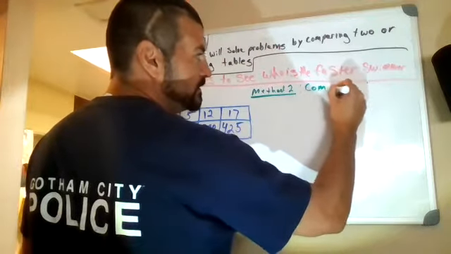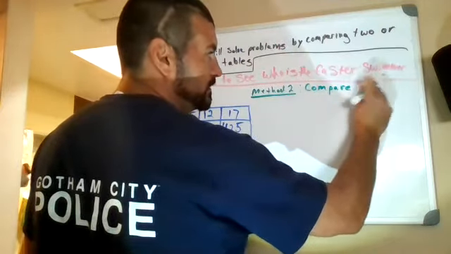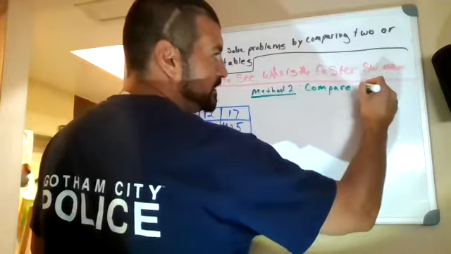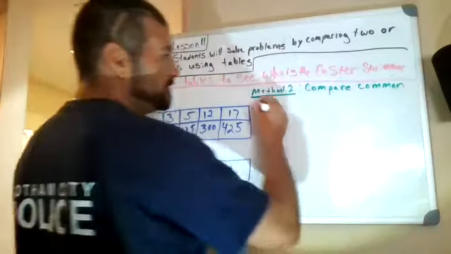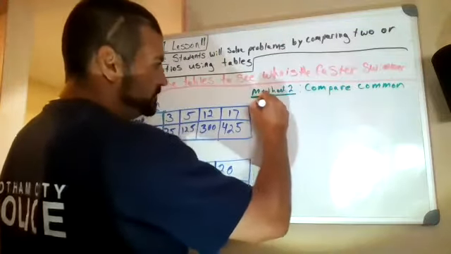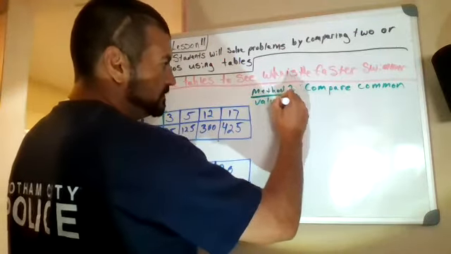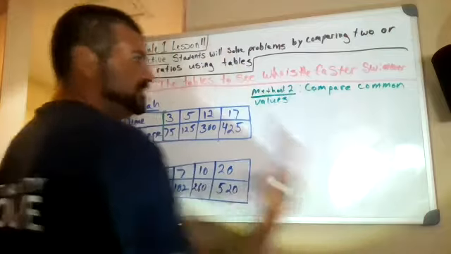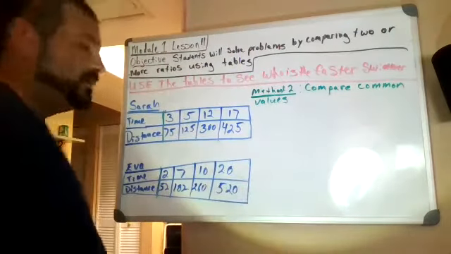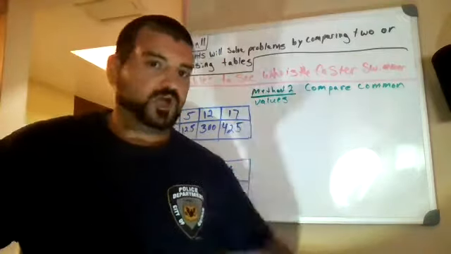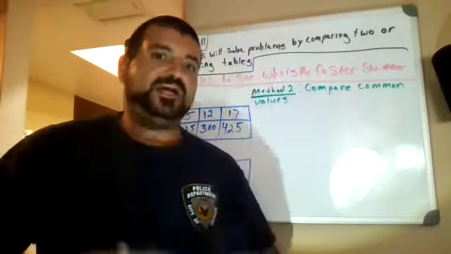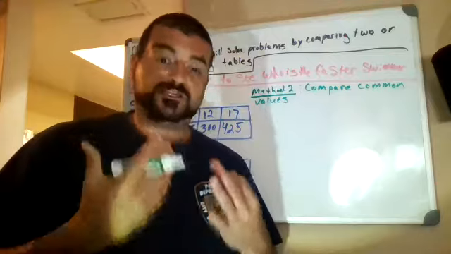Compare common values. Okay? Compare common values. So basically what this means is you need to find in each table something that is the same, something that is similar.